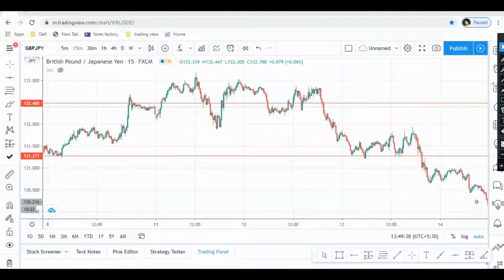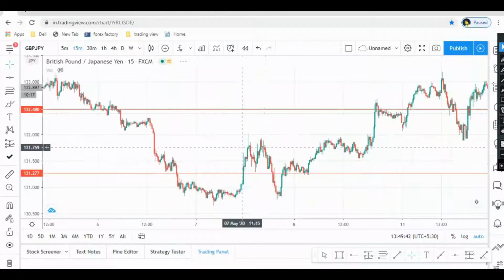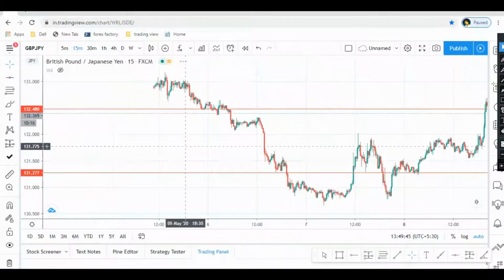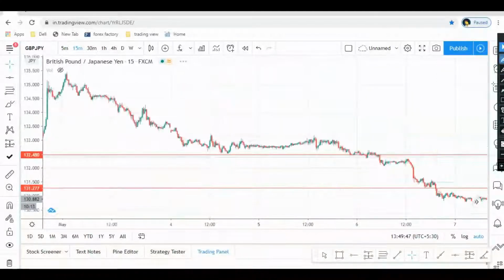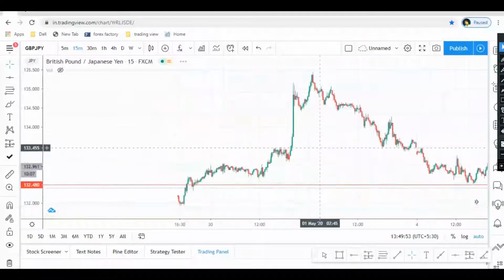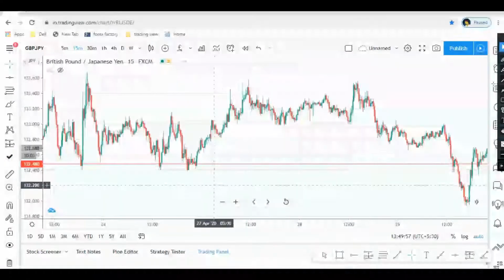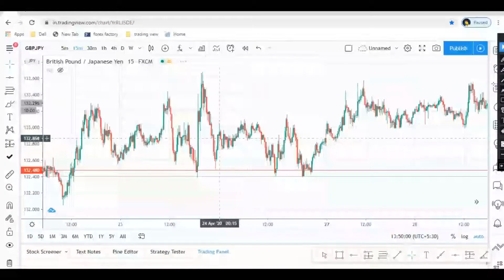Let's go back more. Here the price acted as a support in this area. We will go back more. Okay, this place acted as a support.